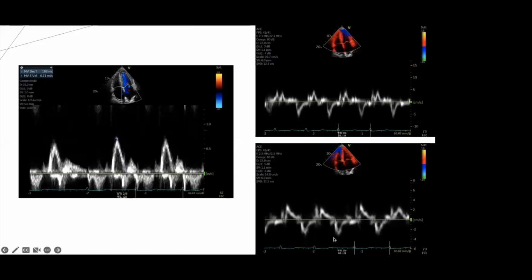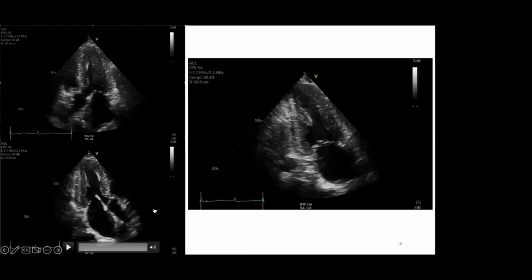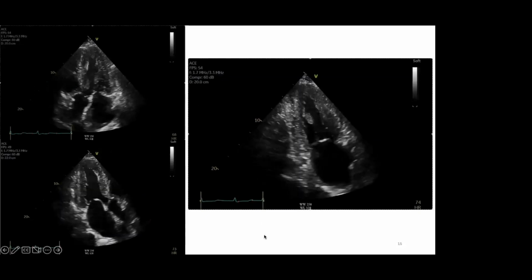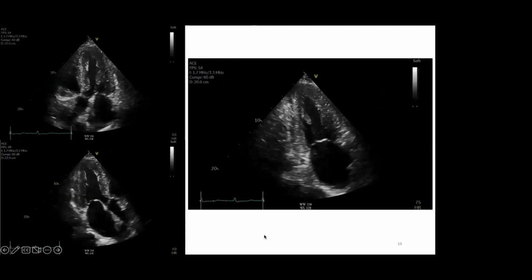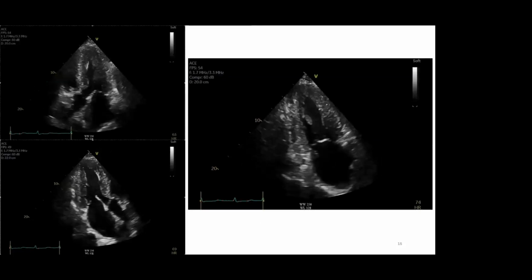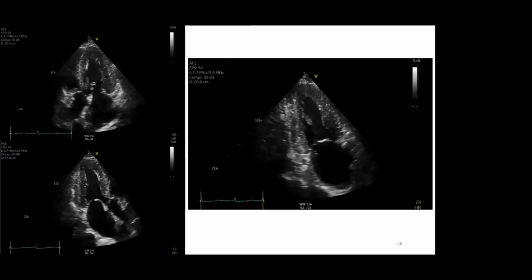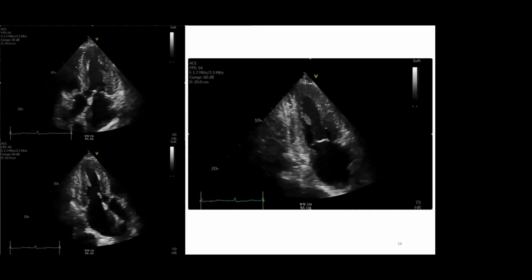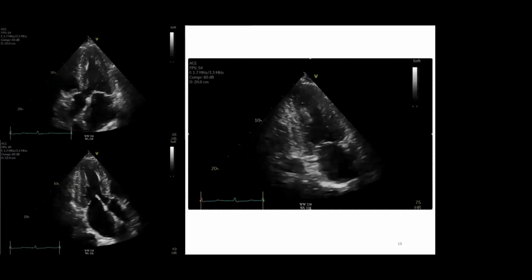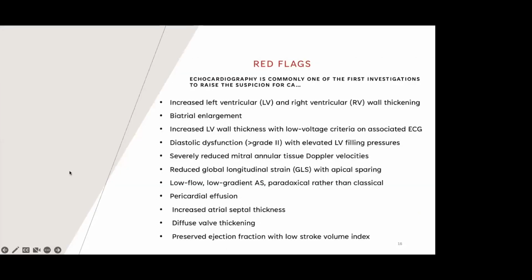So quite low velocities. And I just wanted to show the other views from the apical window, the 5-chamber, 3-chamber, and 2-chamber. And again, we see the same sort of constellation of findings that we saw in our other views.